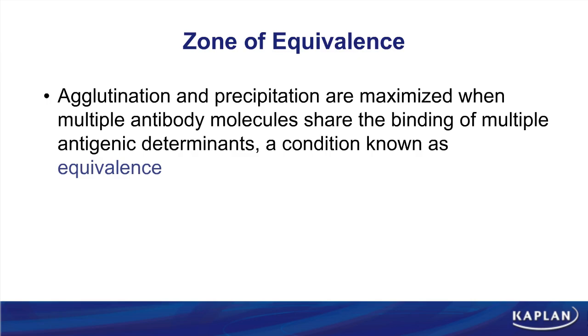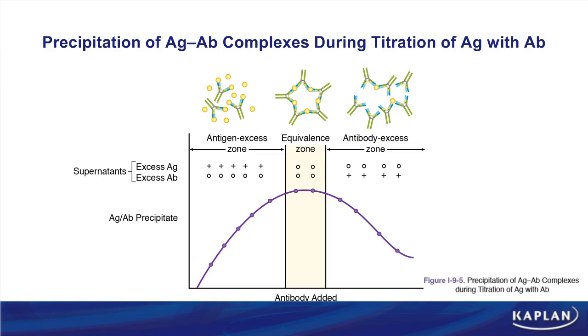This figure shows really well what happens during the course of an infection and highlights why we see that zone of equivalence. So let's take a look. At the beginning of an infection, you are going to have a higher concentration of antigen versus antibody. That should make sense based on everything we've learned thus far.